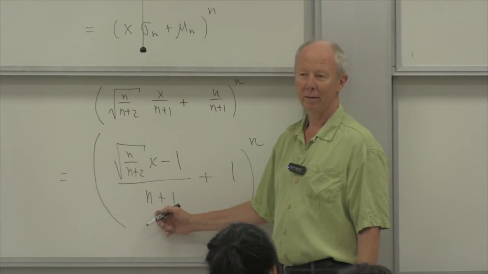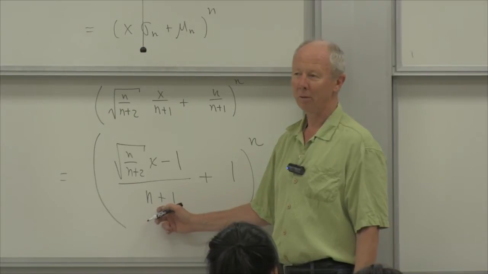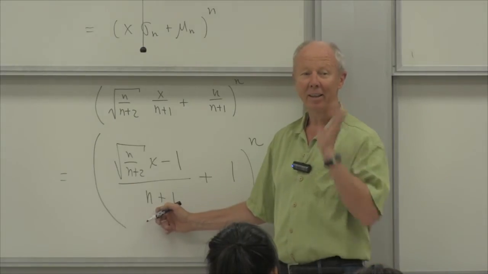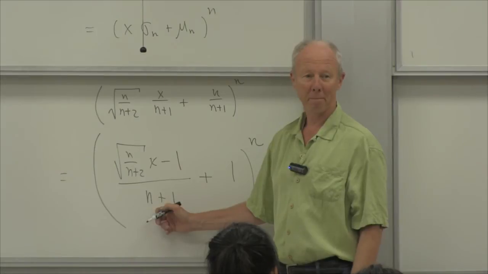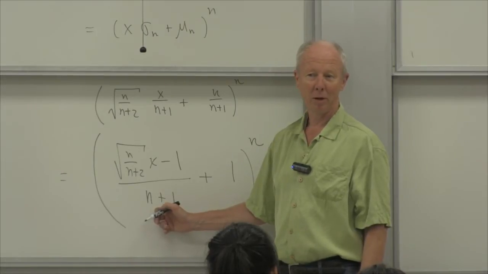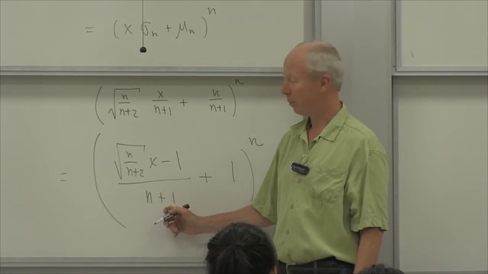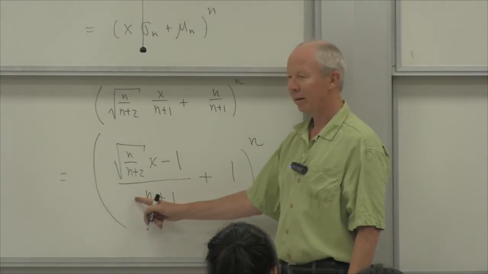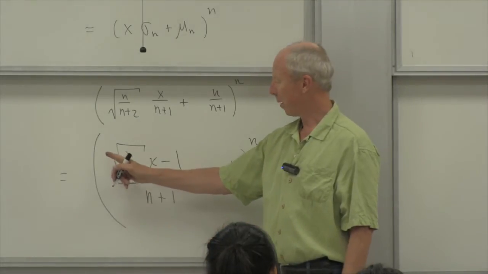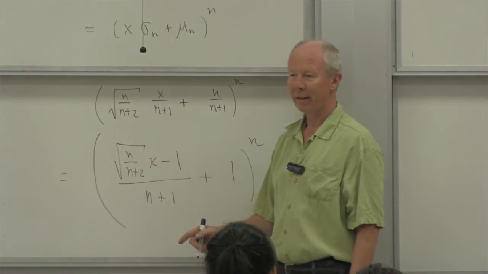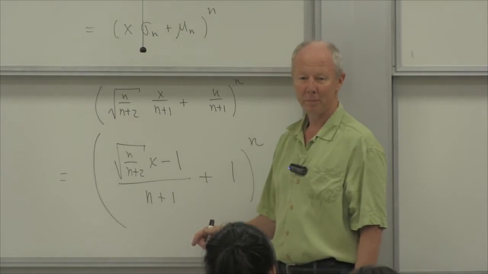Not quite. It's a quibble that it's not, but we can fix that. Let's replace this with n. But we want to be honest. We want to keep the same quantity we had before. So I'll put an n here, and then up in the numerator, I'll put n over n plus 1.